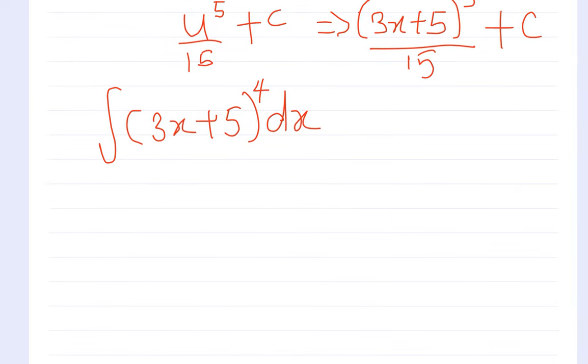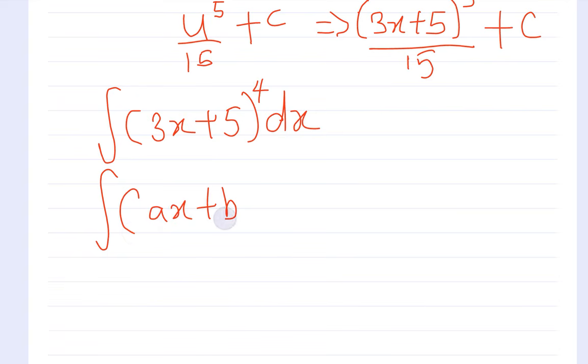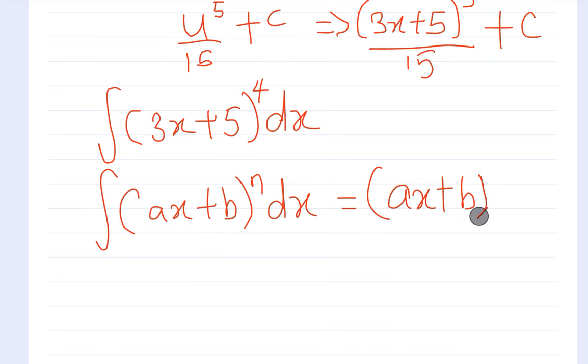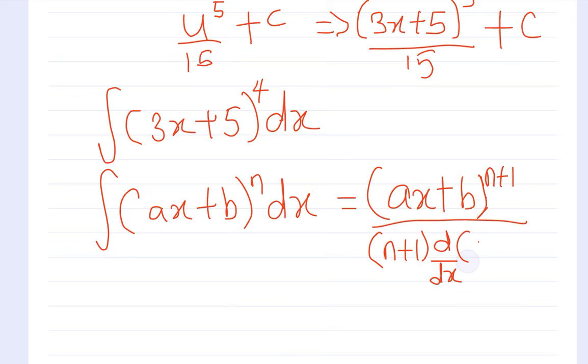Now I gave them the shortcut. I said if you have an integral in the form of ax plus b raised to power n dx, the shortcut will be ax plus b raised to power n plus 1, over n plus 1, then times the derivative of your ax plus b.